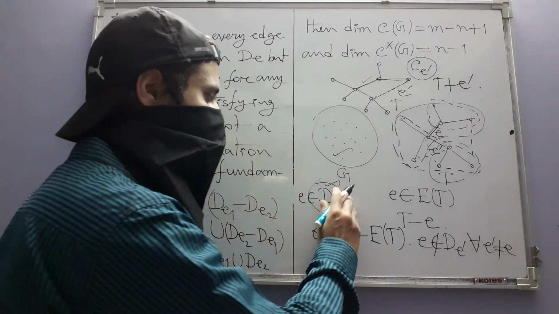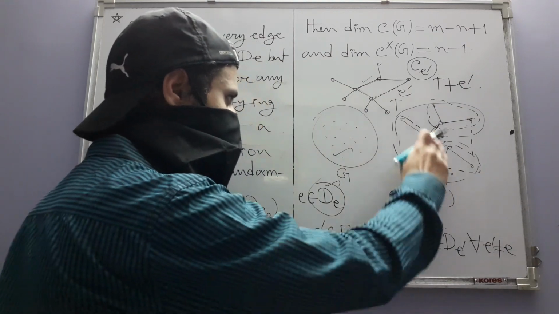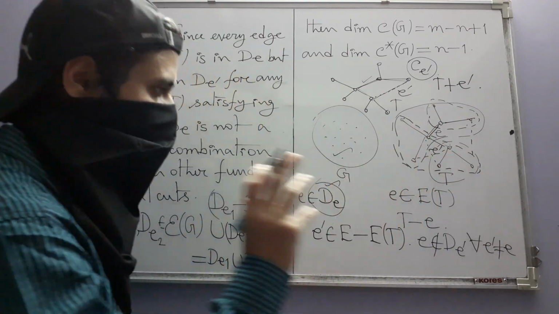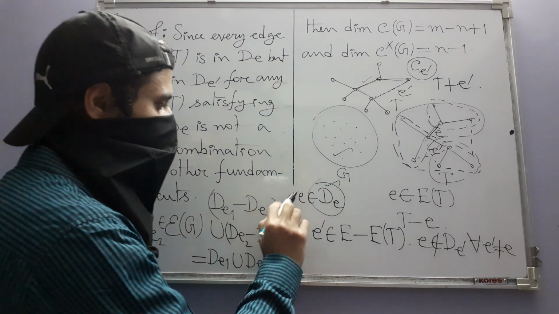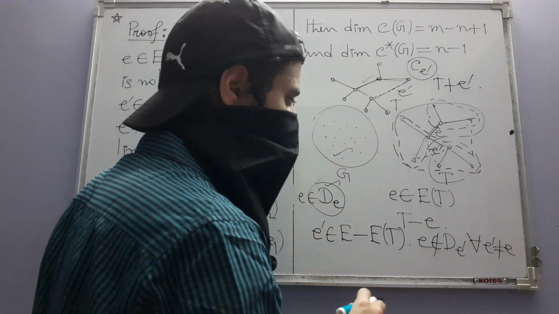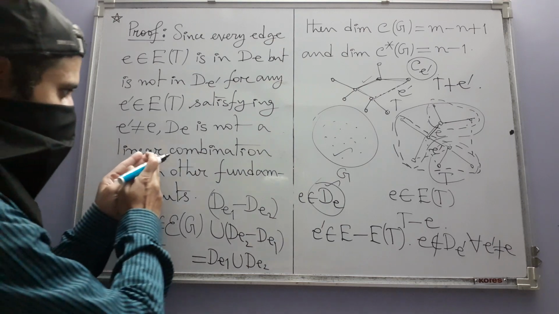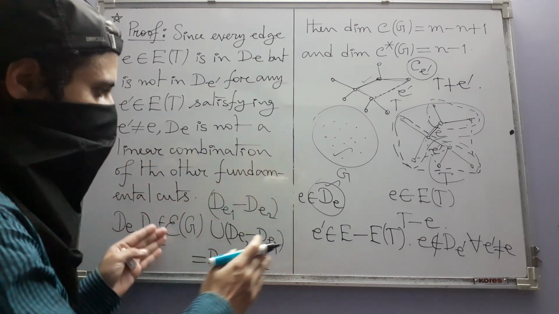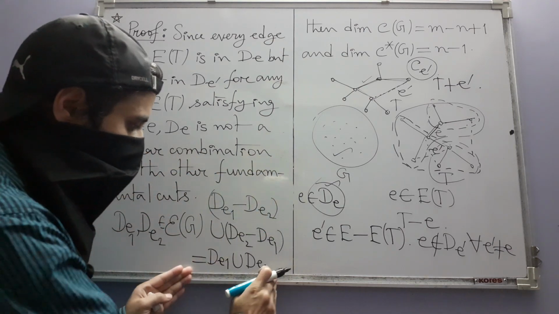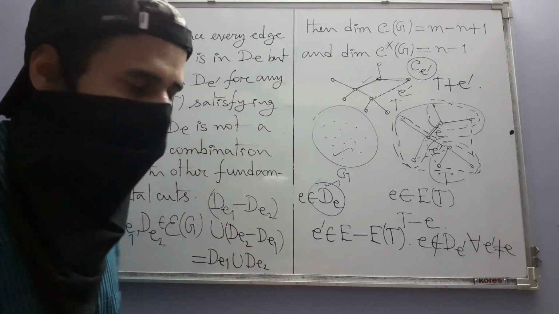element. We have other fundamental cuts also. For each edge in the tree we will have one fundamental cut. Now E belongs to DE and E does not belong to any other fundamental cut. So taking a linear combination amounts to considering disjoint unions.